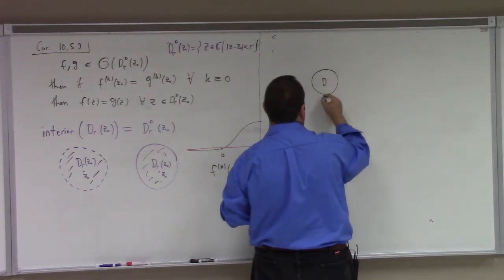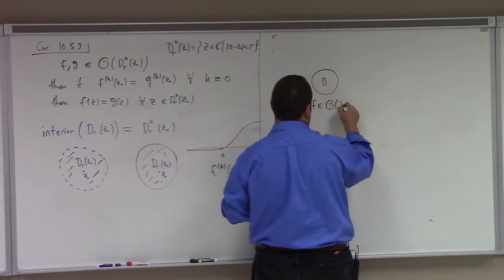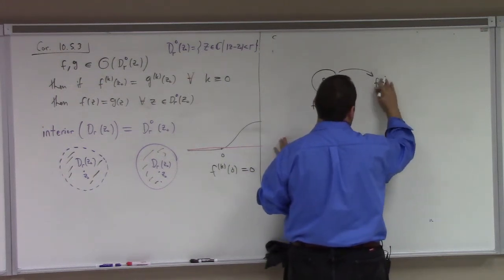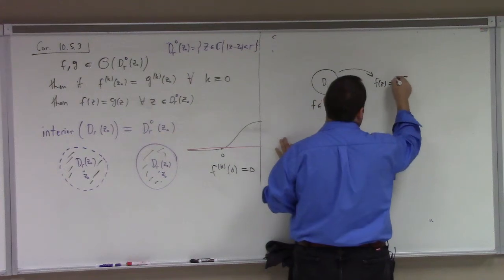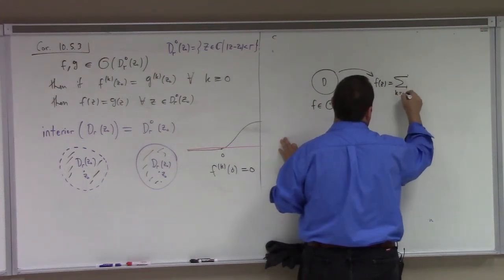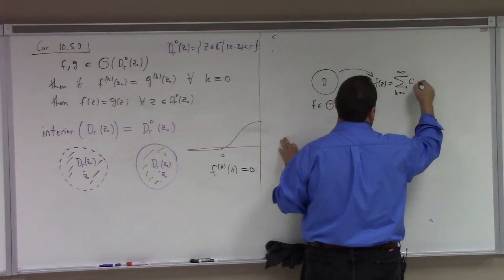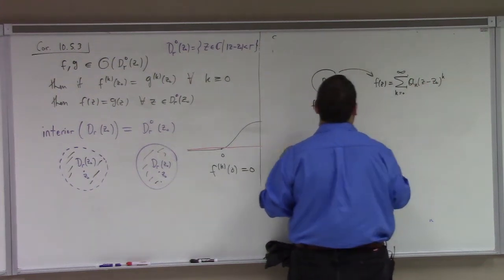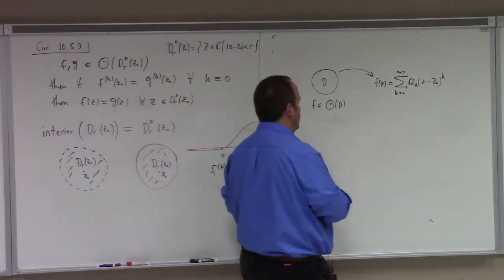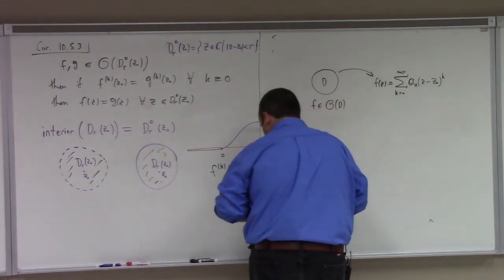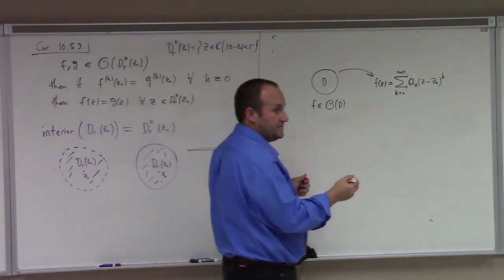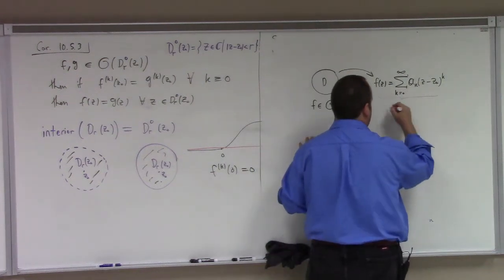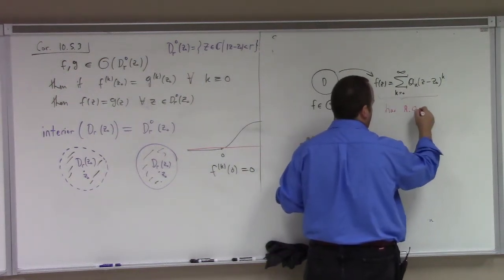Let's suppose this disk is D. So f is holomorphic on D, and then logically you find f is equal to the sum, k equals 0 to infinity, of a sub k times z minus z naught to the k. This is some kind of power series. This has some radius of convergence r.